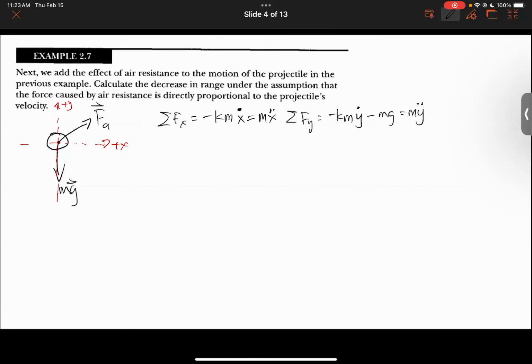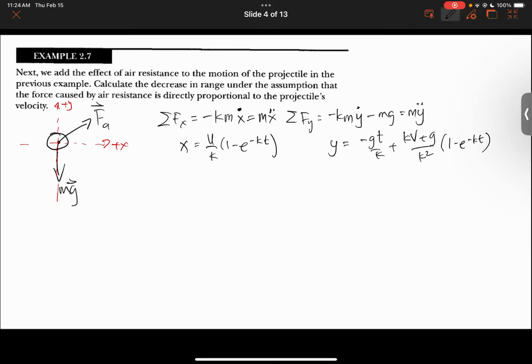Ang displacement along the x-axis ay x equals u over k times 1 minus exponential minus kt. And then yung displacement para sa y is negative gt over k plus (kv plus g) over k squared times 1 minus exponential minus kt.